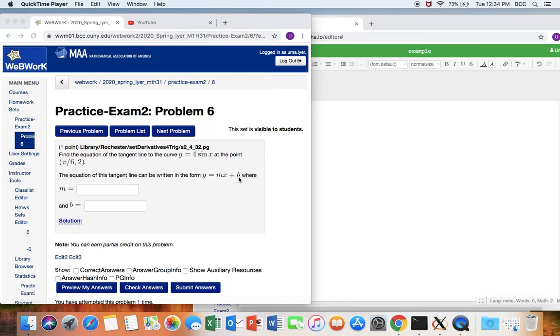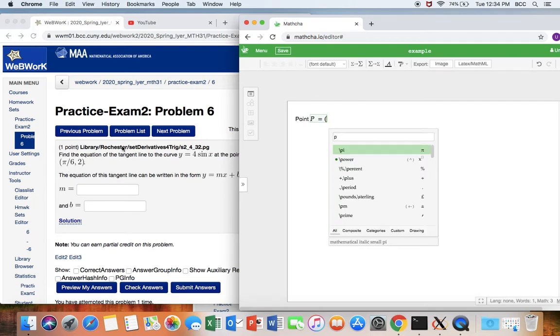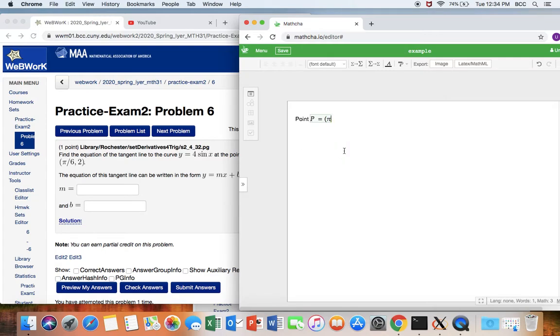So let us go back. To write the equation of the tangent line, if you remember, there are 3 ingredients. One is point. So point we are given P equals, notice, pi over 6, comma 2.